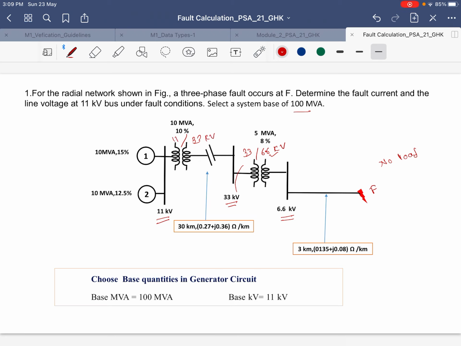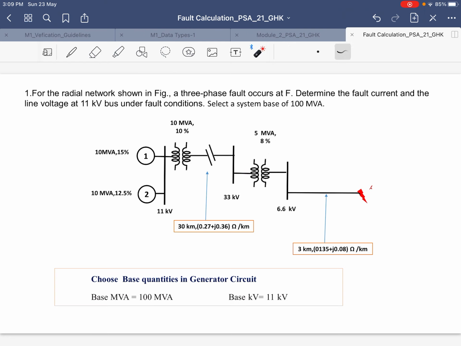This is how we have to judge the voltage rating of the transformer: based on the bus voltage, you choose the voltage rating on the two sides of the transformer.